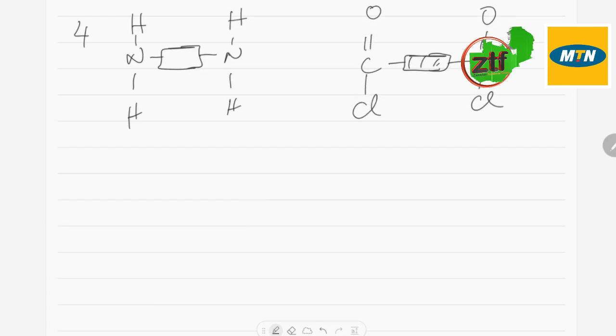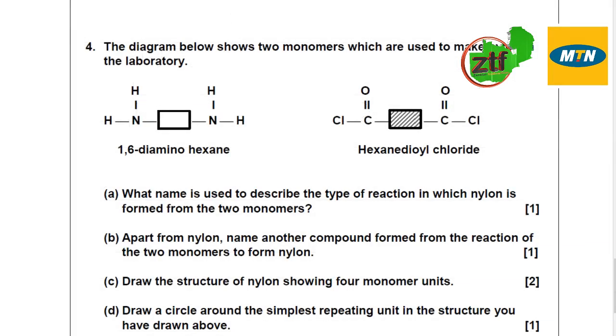The first question is, what term is used to describe the type of reaction in which nylon is formed from the 2 monomers? Remember, we discussed the 2 types of polymerization.